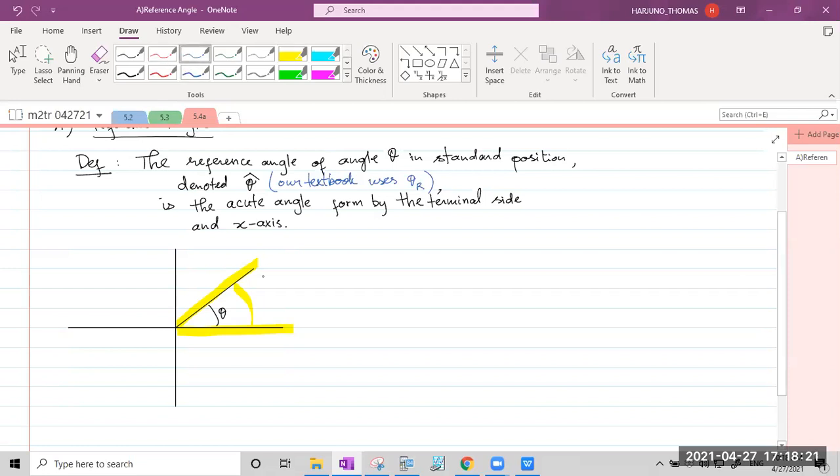That's the reference angle. You can see that if theta is in quadrant 1, then the reference angle is equal to that angle.